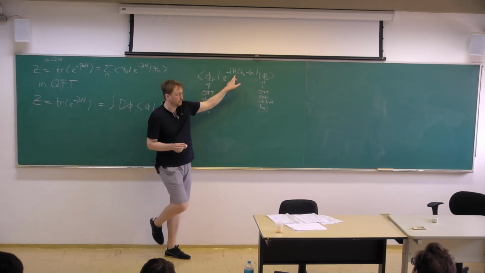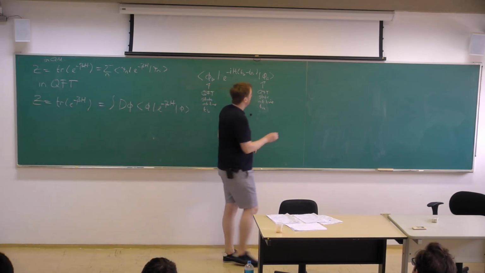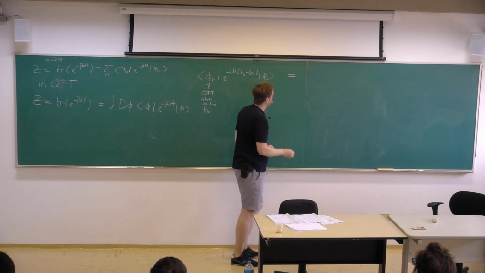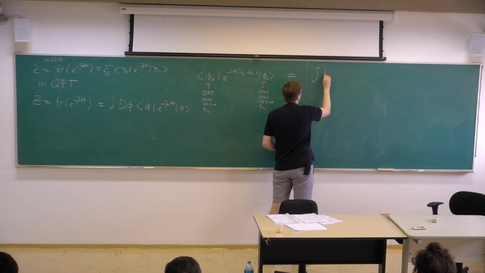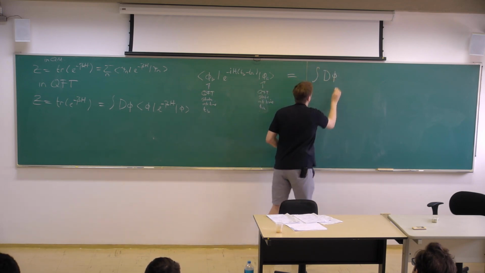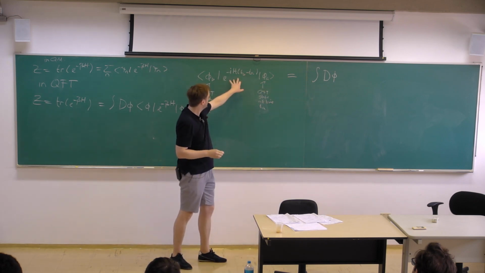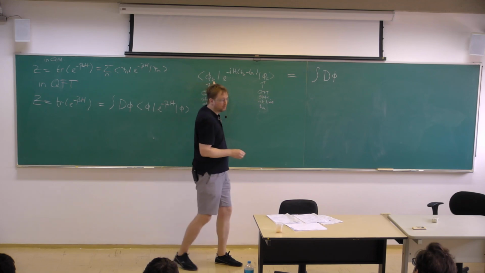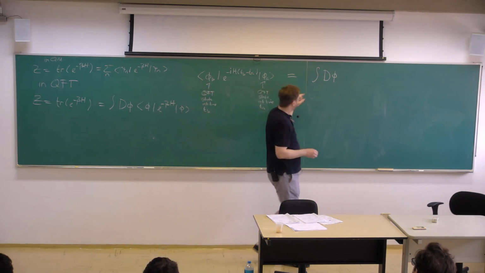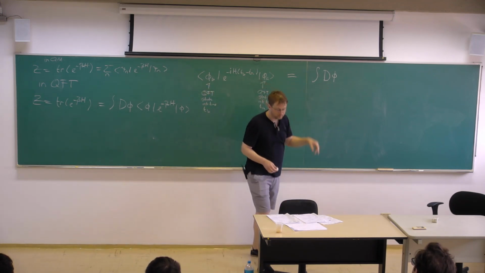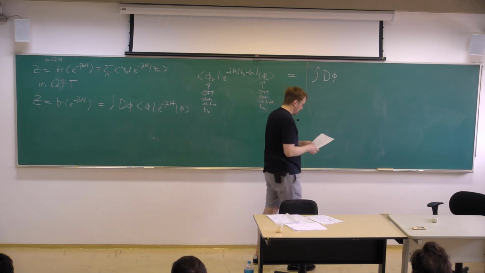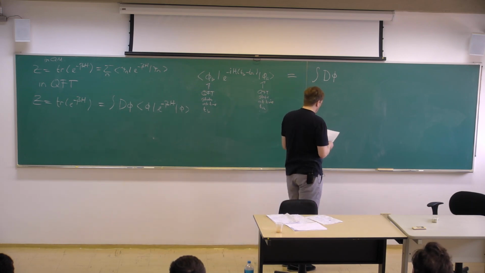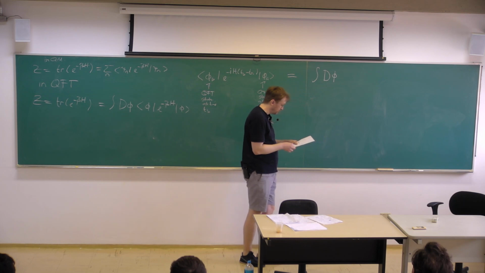And again, that's the Hamiltonian of my theory. And this can be written as a path integral in the following way. Here, these are operators, these are states in my Fock space, or my Hilbert space. On this side, these are all classical fields, right? The usual step in path integrals. So I have an integral over all possible field configurations.